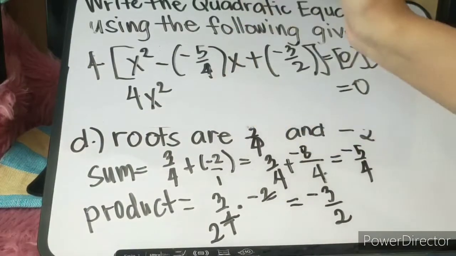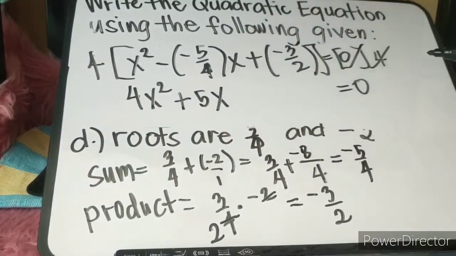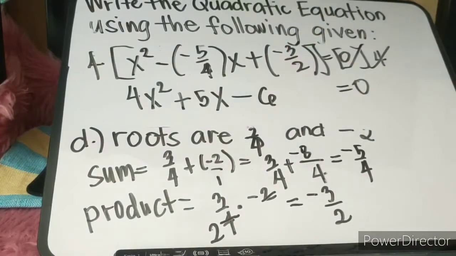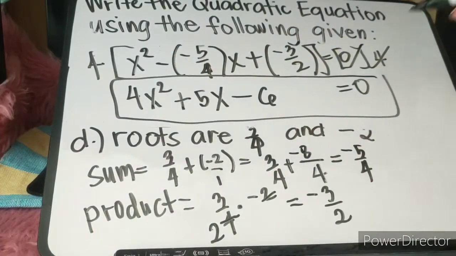And then dahil negative times negative to, magiging that's 5x. And then 4 divided 2 is 2 times 3 is 6. And dahil negative yon, magiging negative 6. So 4x squared plus 5x minus 6 equals 0 is our equation, quadratic equation.